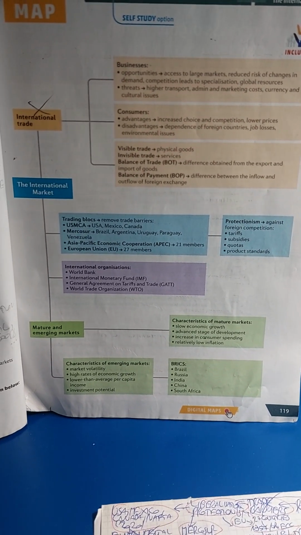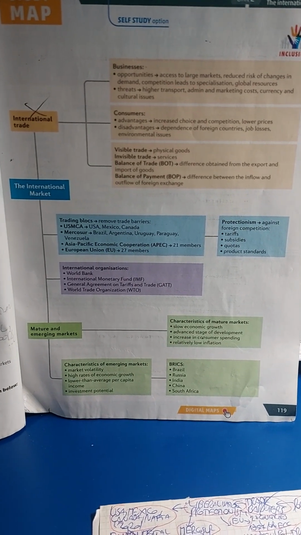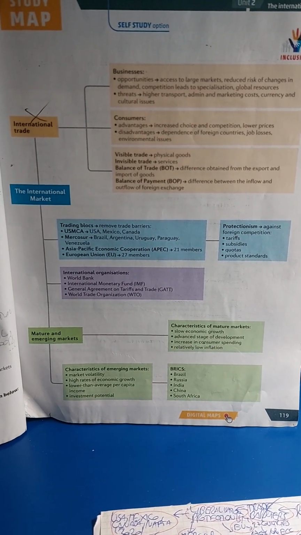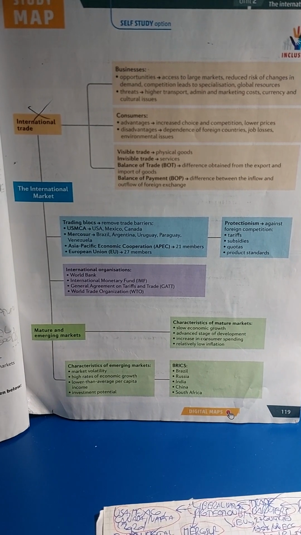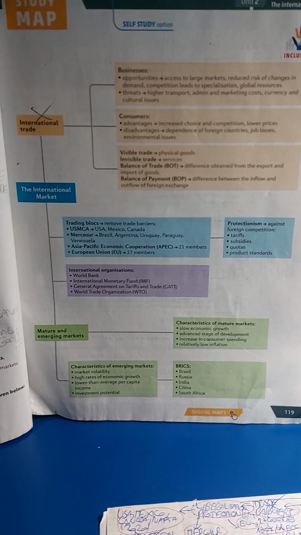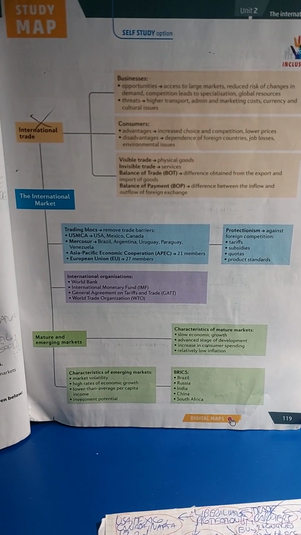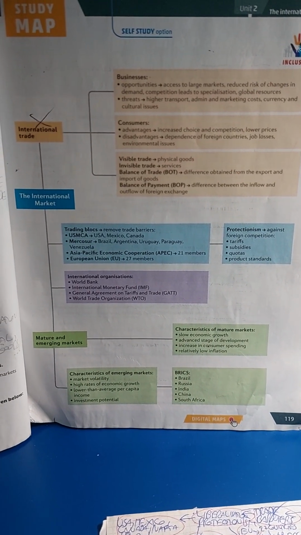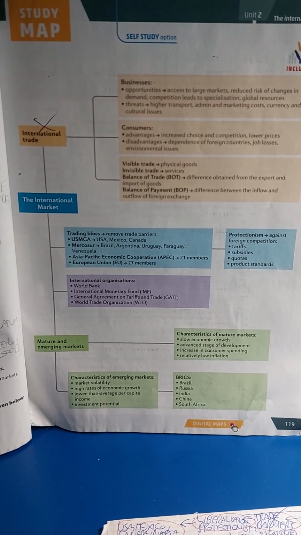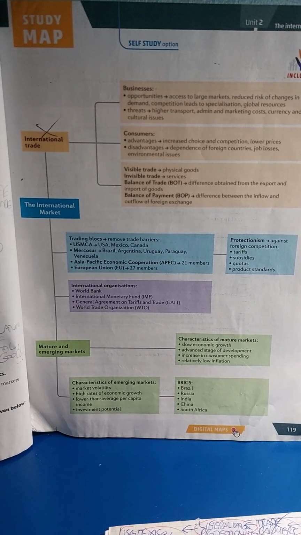About the advantages for consumers, consumers have free choice and also lower prices when they buy the products, and lower prices gain more competition in the economic system called free market.